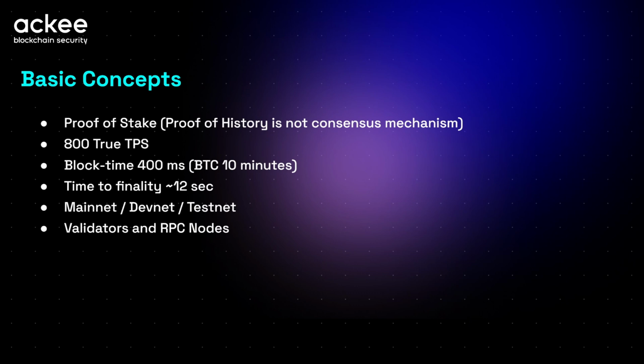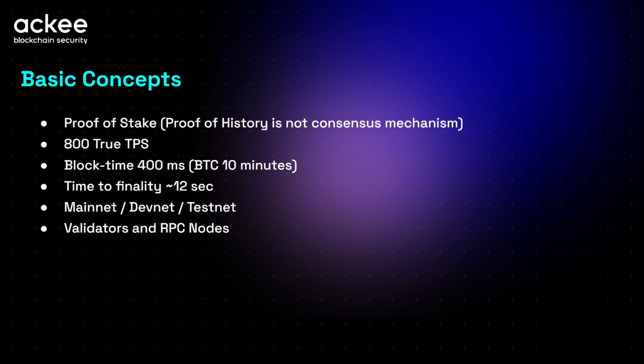The non-vote transactions are actually the true transactions in this statistic. The vote transactions are sent by the validators to each other in order to agree on the latest block, and non-vote transactions are sent by users, bots, basically users of Solana.